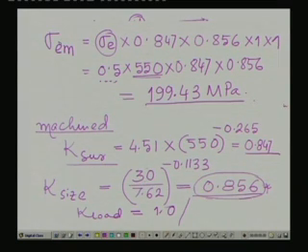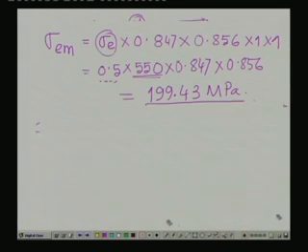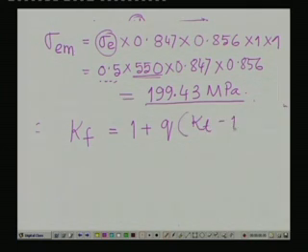Now, let us find the value of the fatigue stress concentration factor. This Kf equals, you remember the well known relationship, 1 plus q into Kt minus 1.